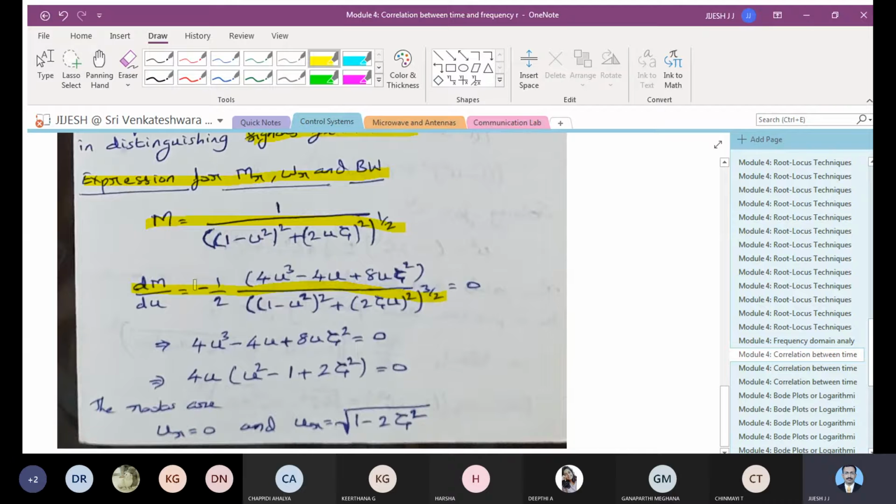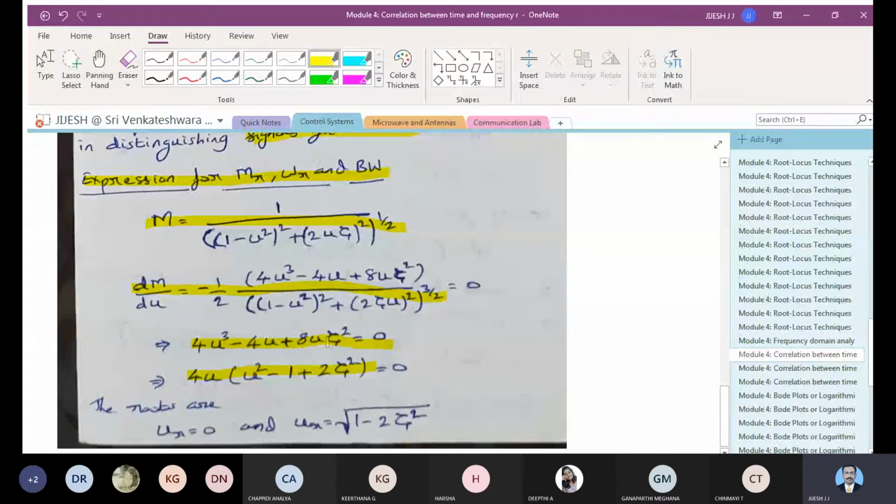When you simplify, the numerator 4u cube minus 4u plus 8u zeta square can be equated to 0. Taking 4u common, I can write 4u into u square minus 1 plus 2 zeta square equal to 0.